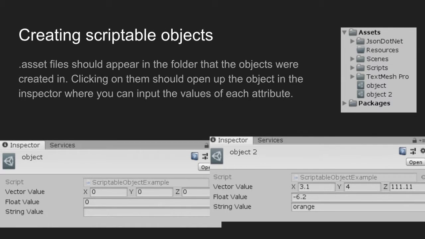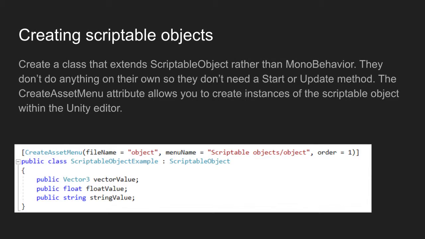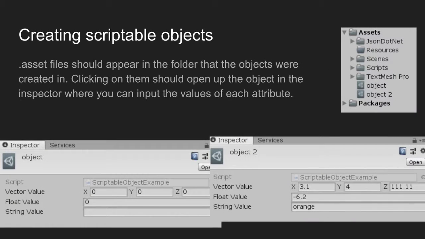So yeah, say you create a few of these objects, then if you click on them, it opens this in the inspector where you can actually set the values of the attributes you put in. Like here I had a vector, float, and a string. So in here you can actually set those values.